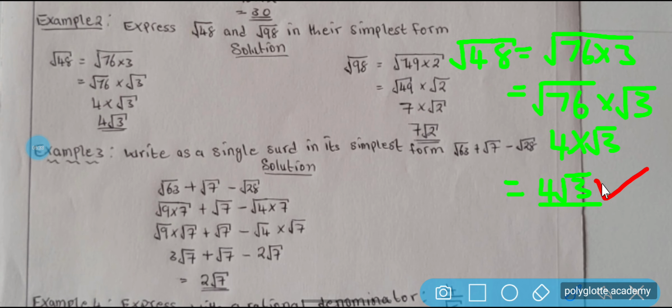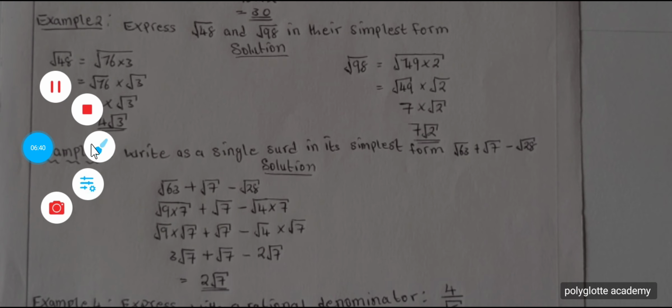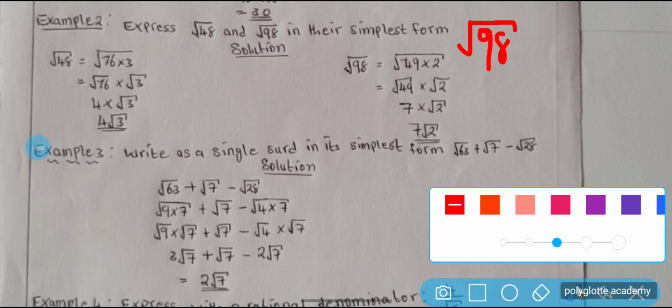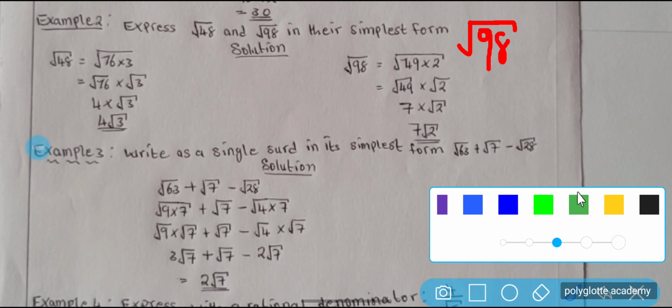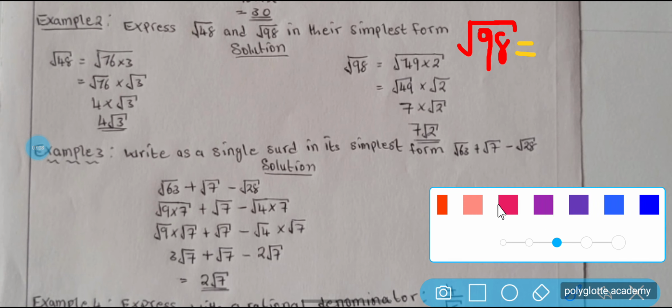So we had it. Now the next one with root 98. Let's look at it. Root 98. I want to take a lighter color.